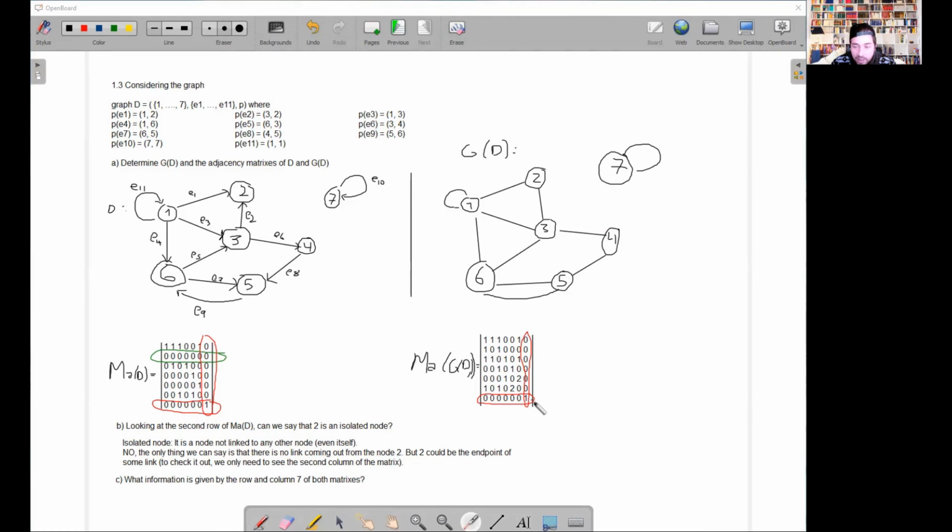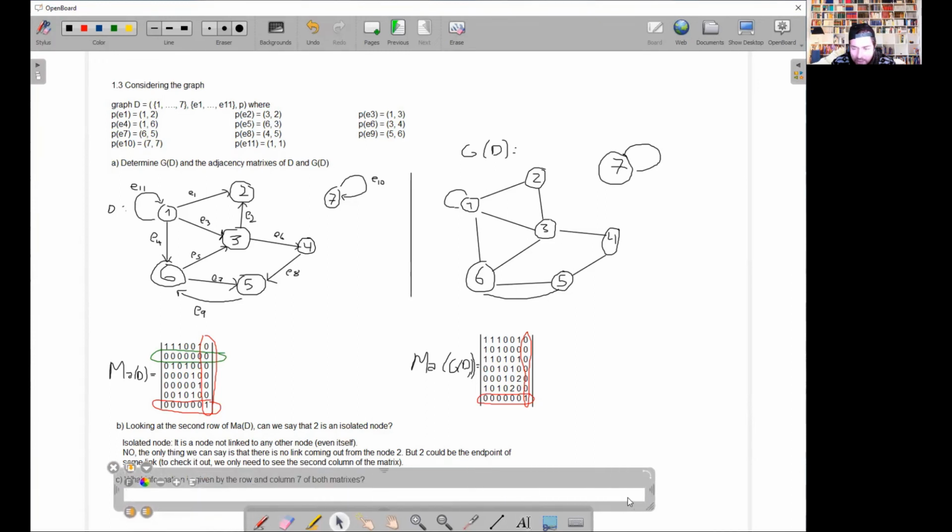Because it's a link that is coming out of 7, but also 7 is the endpoint of that link. So in this case, it is giving this information, right, that there is a loop on the node 7. So let's write it here.